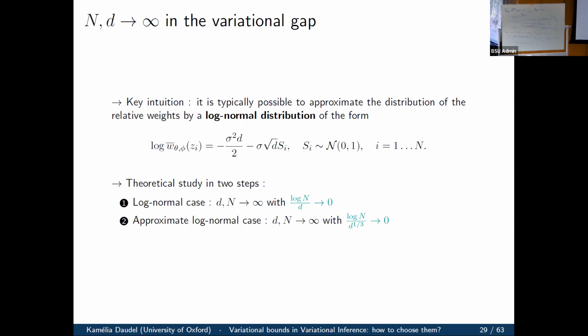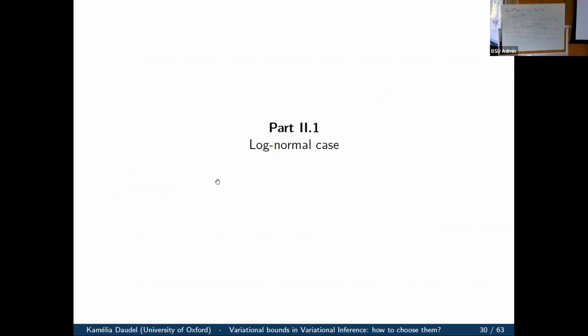Not exactly log normal. We've got complicated data, and maybe we're not going to see something nice and log normal. Maybe we're going to be in an approximate case. This is going to be the second case, which I will go into, should I have the time. But for now, let's go with the log normal case.